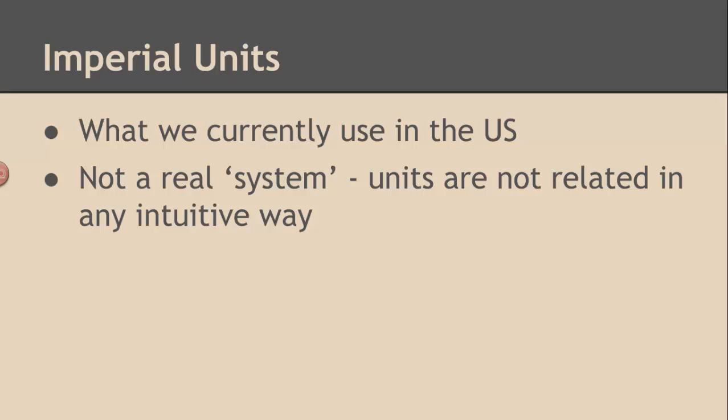There's no real relationship between volume ounces and weight ounces. There are two words, ounce, but they mean completely different things if we're using them for weight or for volume. 16 ounces in a pound, and then 2,000 pounds in a ton. There's really no sense to it all, so it's not really a system.